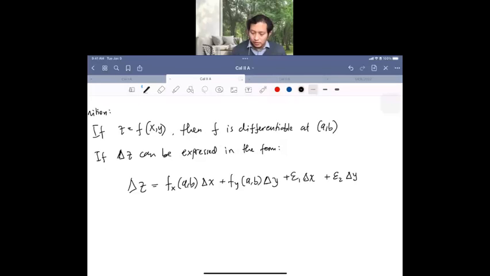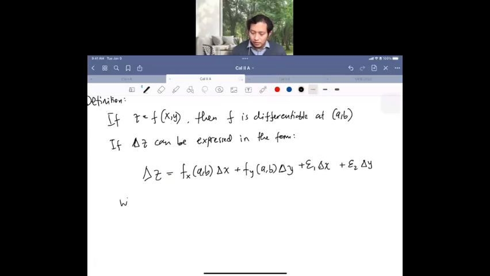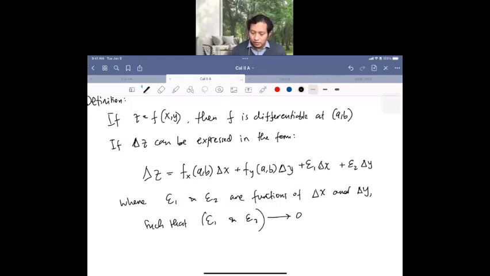We can also relate this epsilon to error, where epsilon 1 and epsilon 2 are functions of delta x and delta y such that epsilon 1 goes to 0 and epsilon 2 goes to 0 as delta x and delta y go to 0.